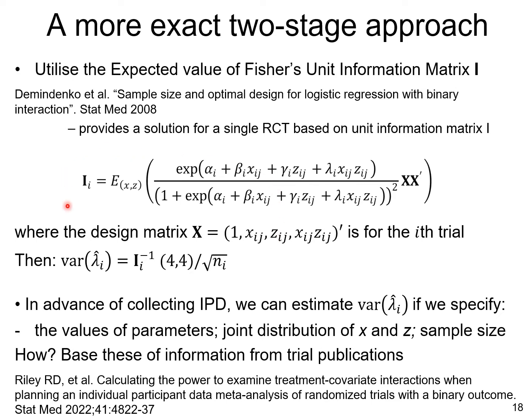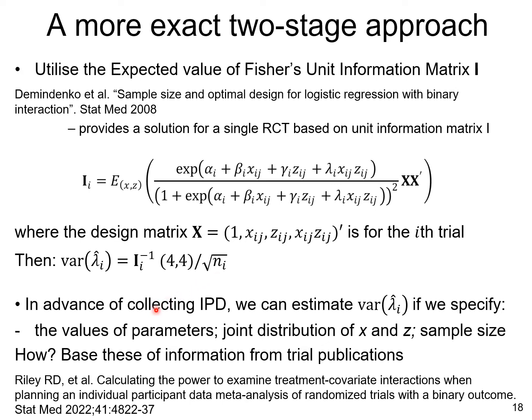If we knew the unit information matrix for every trial, then we can work out the variance of the interaction estimate for that trial based on the inverse of that unit information matrix, which, because there are 4 parameters here, would be a 4x4 matrix. And we take the 4 by 4th element of that inverse of the information matrix and divide it by the square root of the sample size.